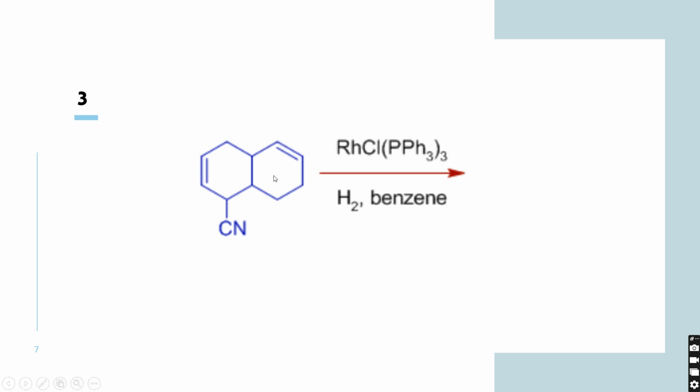So if we are taking only one equivalent of the Wilkinson catalyst and you have these two double bonds, the left side double bond will be preferentially reduced. Why is it so?